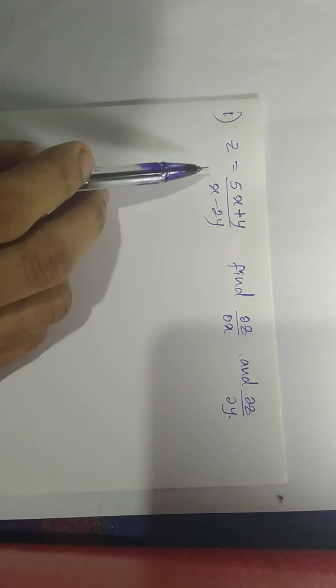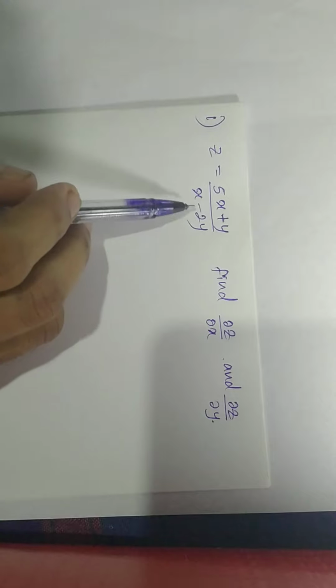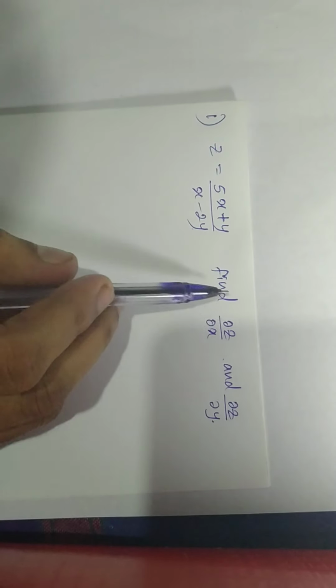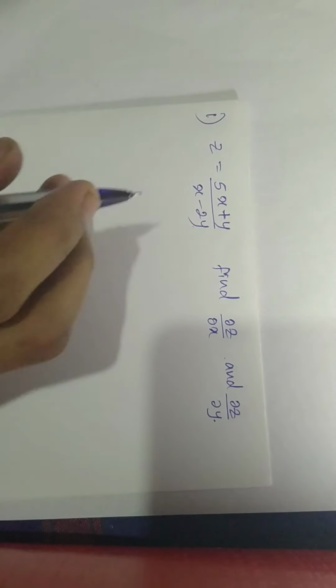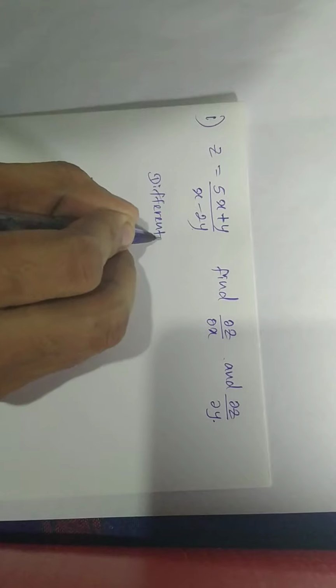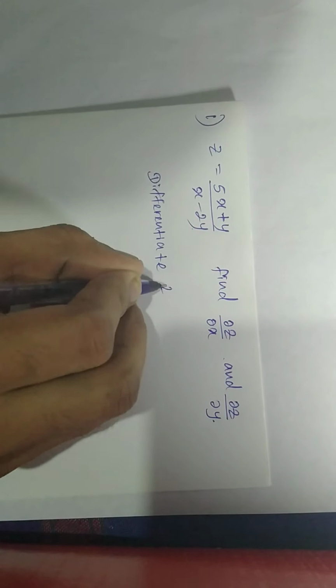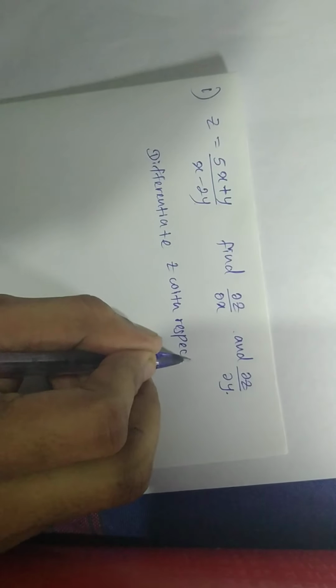Okay, attention, question number 1. Z equals 5 times (x plus y) divided by (x minus 2 times y). Find dou z over dou x and dou z over dou y. Differentiate z with respect to x.